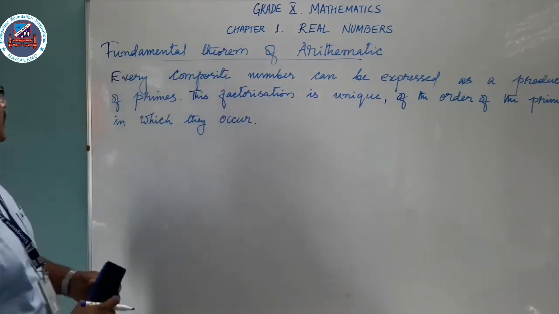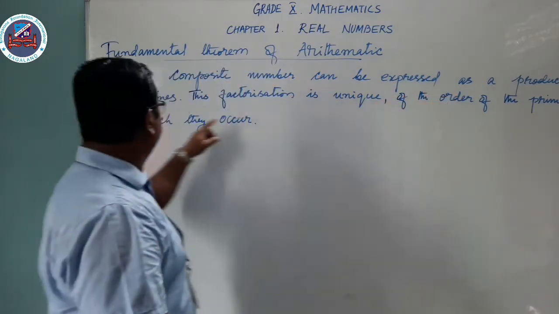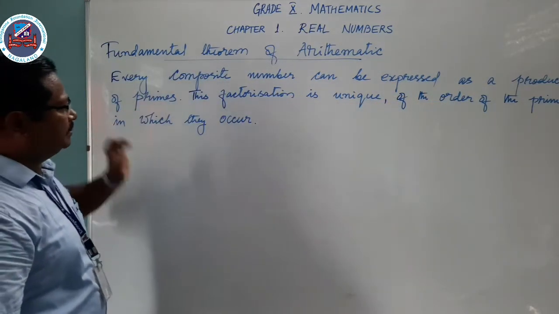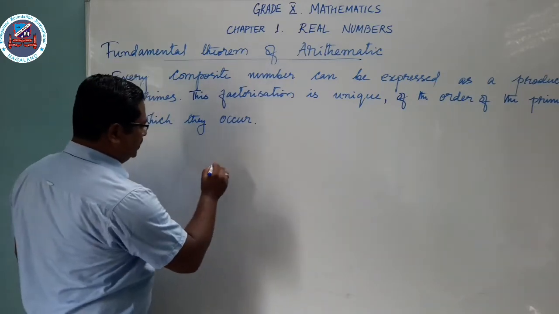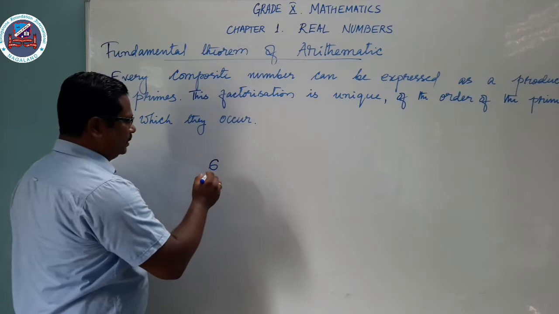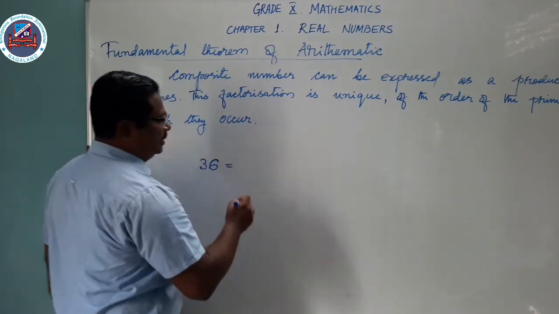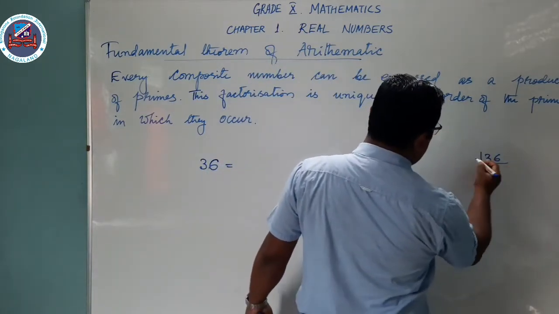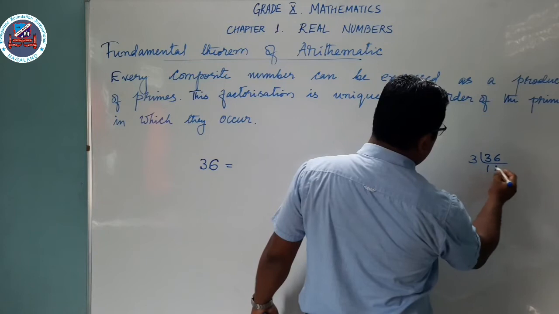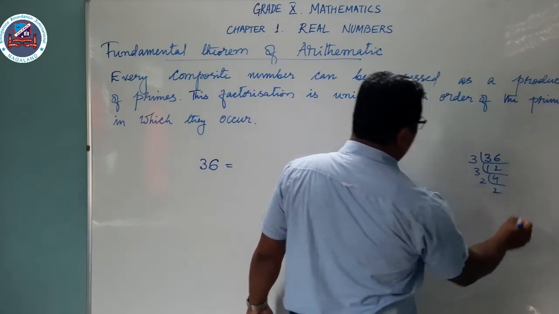Let us see nicely. Every composite number can be expressed as a product of primes. Suppose say 64 or say 36. 36 you can express like this. If you find out its primes, 3 ones are 3, 3 twos are 6, 3 fours are 12, 2 twos are 4.